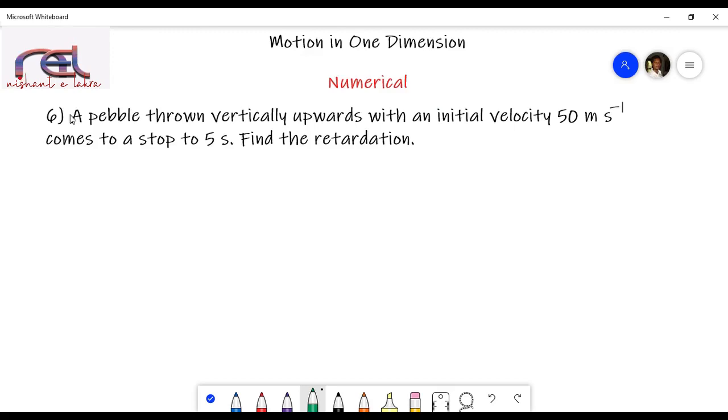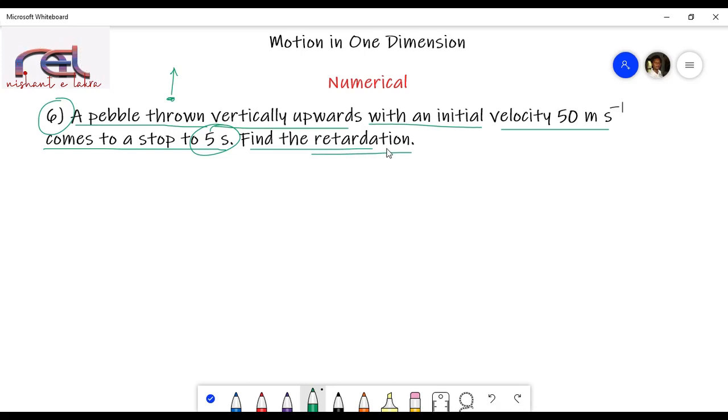Let's see question number 6. A pebble, a small stone, thrown vertically upwards with an initial velocity of 50 meter per second comes to a stop in 5 seconds. Find the retardation.